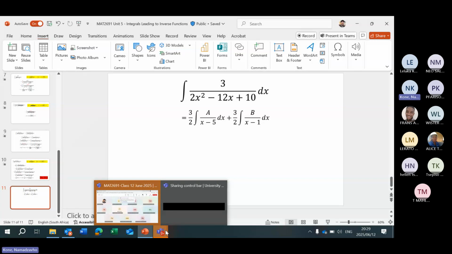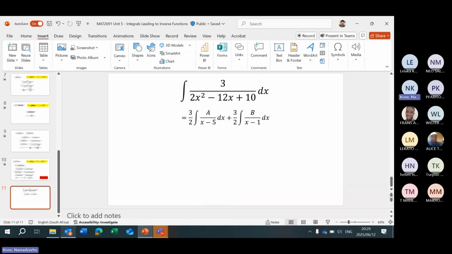Okay, it's fine. Then we've got two opposing factions. Is there a third one? No third one. So we must do partial fractions then.